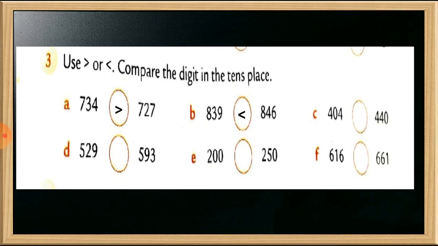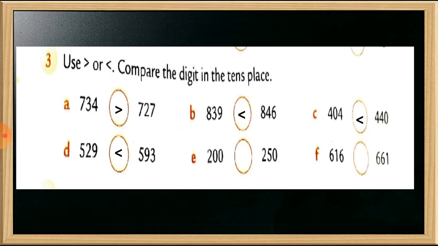Number C, here is 0 at the tens place and here at the right side number 4 at the tens place. So 4 is bigger. Number D, here is 2 at the tens place at the left side and at the right side number 9 at the tens place. So number 9 is a bigger number.